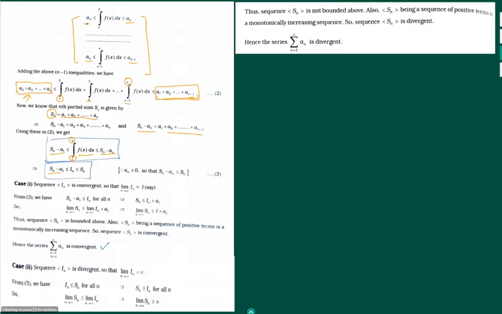So we have Sn minus an here. So we have got this result, that Sn minus a1 is less than or equal to In, which is less than or equal to Sn minus an.